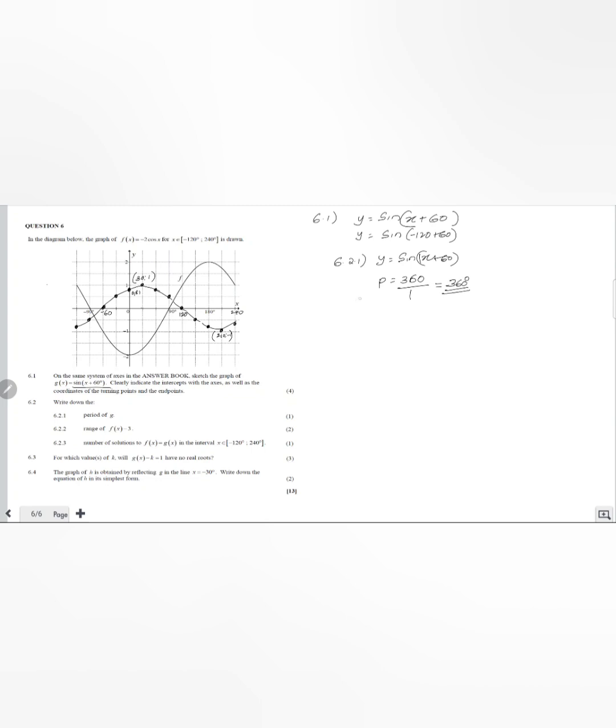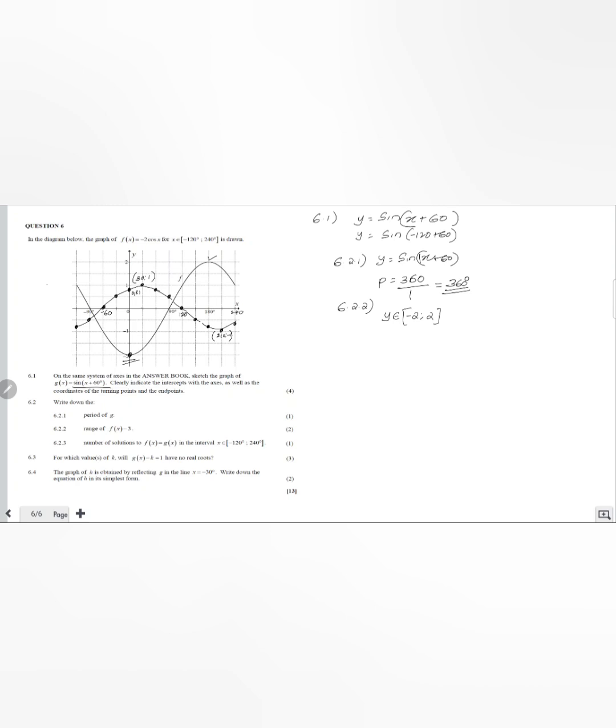Now 6.2.2. What is that? The range of f of x minus 3. So you have to first look at what is the range of f of x. Its minimum point is minus 2, that is here, and the maximum is 2, isn't it? The range of f of x, range means y values, is from minus 2 to 2, closed brackets.